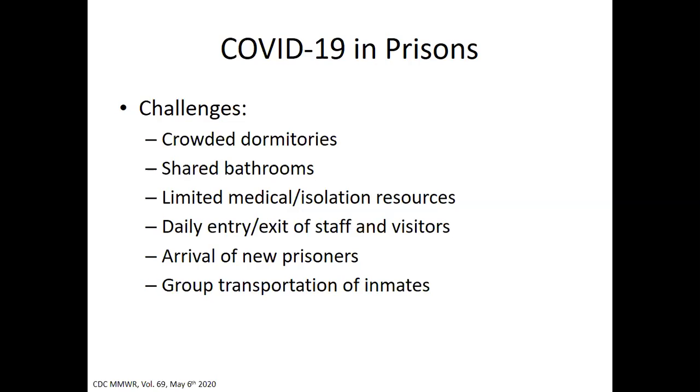You know, daily entry and exit of staff and visitors. Huh. Arrival of new students. Huh. Right? Group transportation of students. I see how you can kind of fill it in there. So it's just kind of an interesting study that shows you, I think, some of the challenges and areas that we don't forget about. We appreciate the challenges that are happening here and the measures that we are taking. And there are things that we can do here.